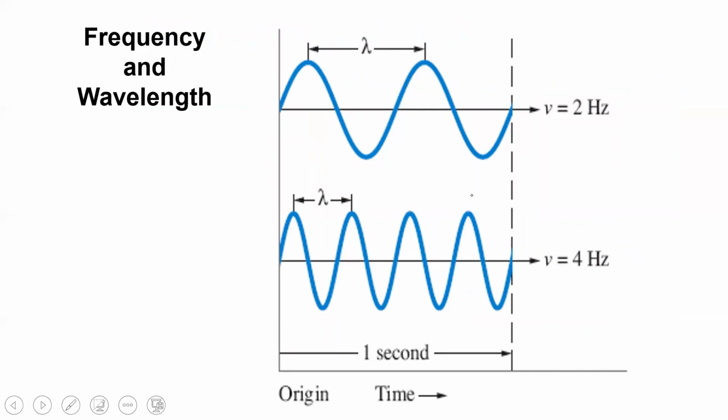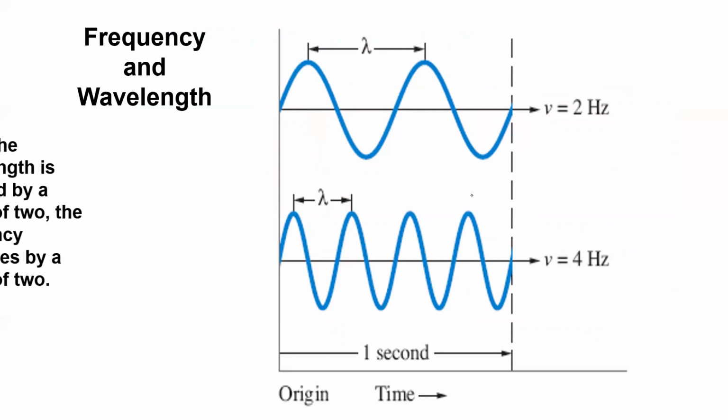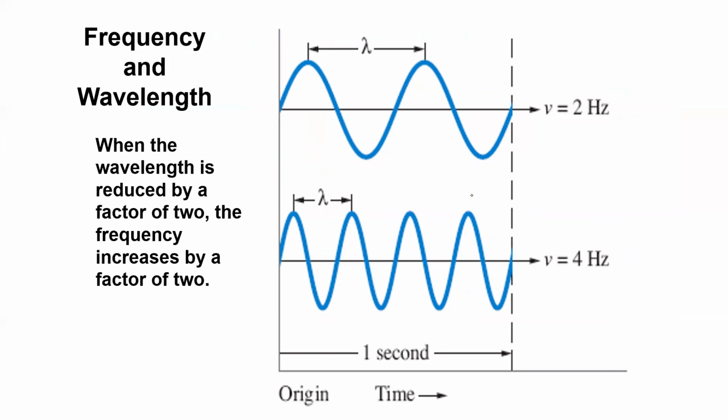So when we're looking at frequency and wavelength, they are related. Now, how are they related? Well, if the wavelength is reduced by a factor of 2, then the frequency increases by a factor of 2. So what exactly does that mean? In 1 second, if the wavelength is reduced in half, the frequency will double.